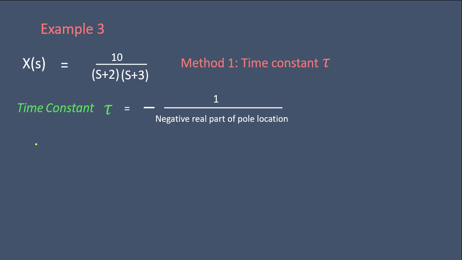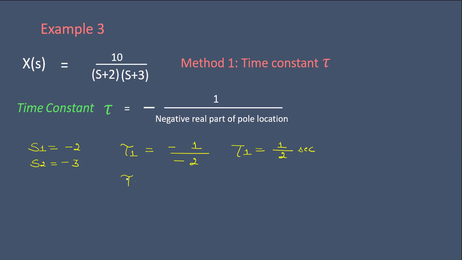So if I want to find the pole, the first pole s1 will be minus 2 and s2 will be minus 3. Since we have two poles, we will be getting two time constants. So I will write tau 1. So tau 1 will be minus 1 upon the first pole, which is at minus 2. So tau 1 is equal to 1 by 2 seconds.